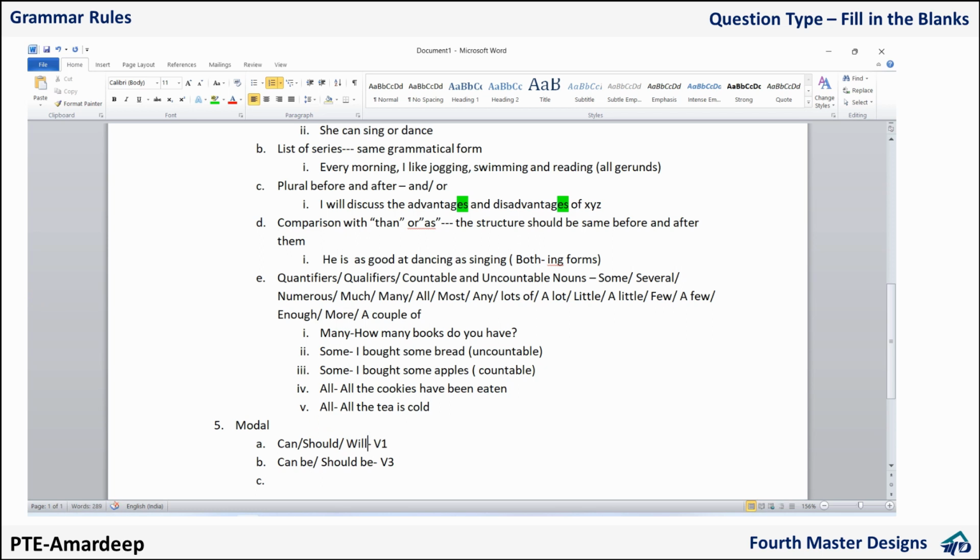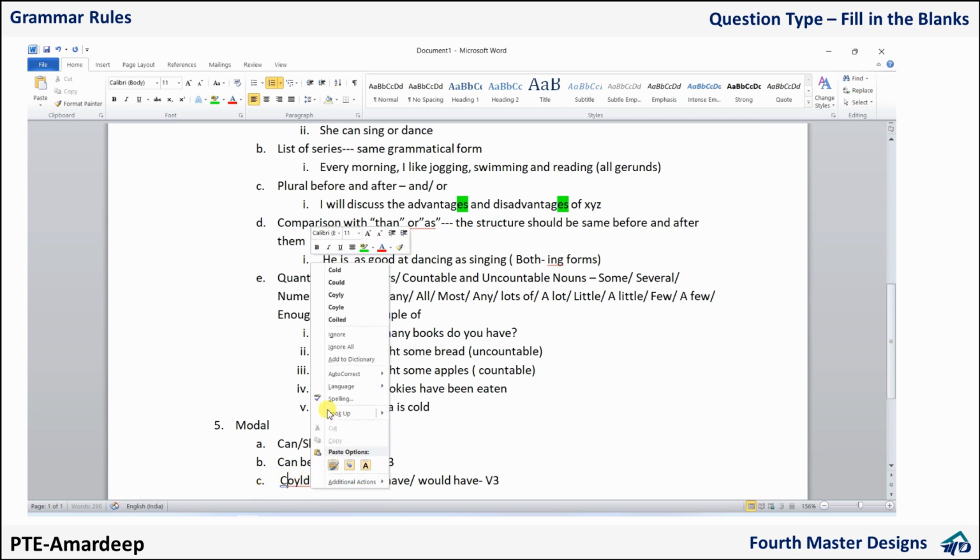Okay, then comes could have, should have, would have. Okay, can have, he can have this. Decide in that way what you are going to write. It is again going to be your V3.